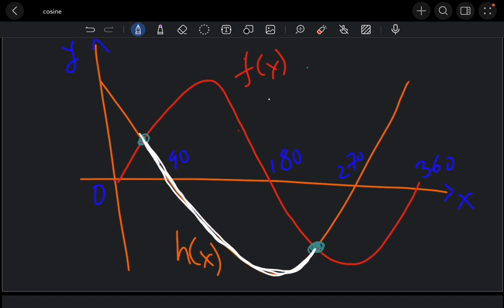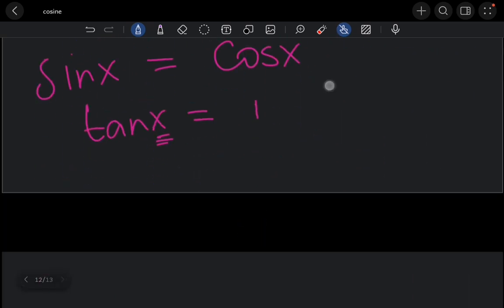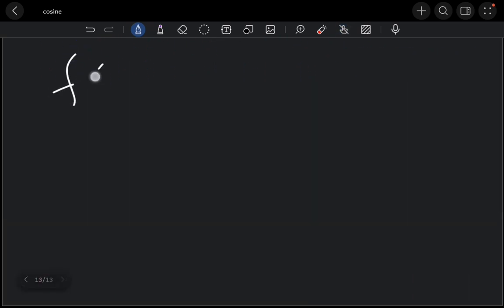And then to know the domain of this point, you have to know the coordinates of this point. Let me call them A and B. And then you know that at this point f of x is greater than h of x. Okay?